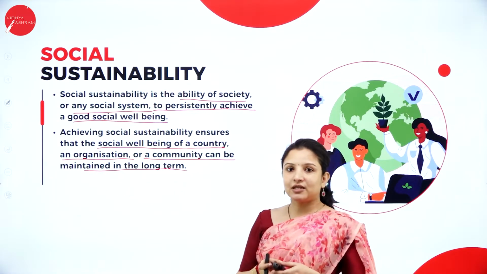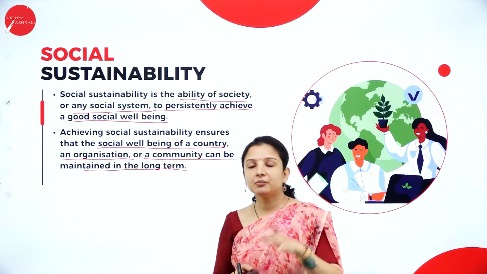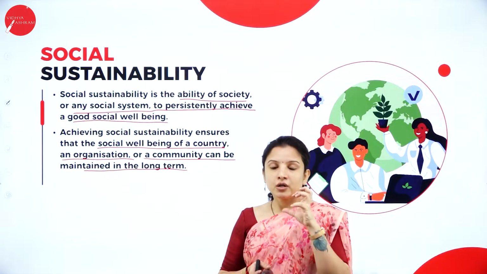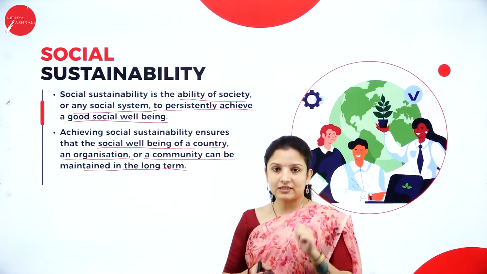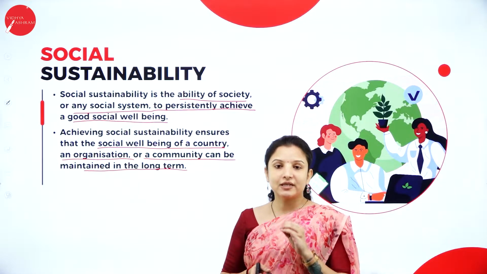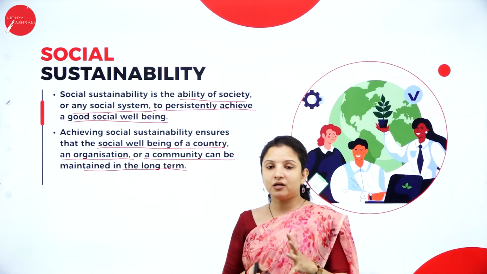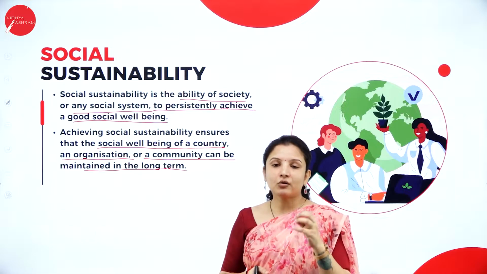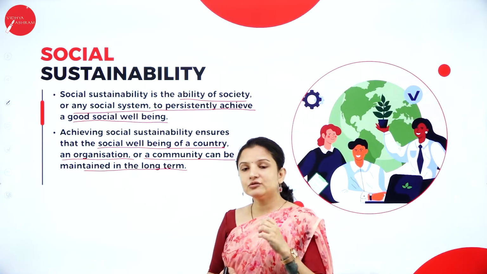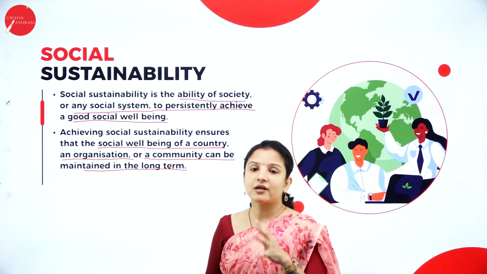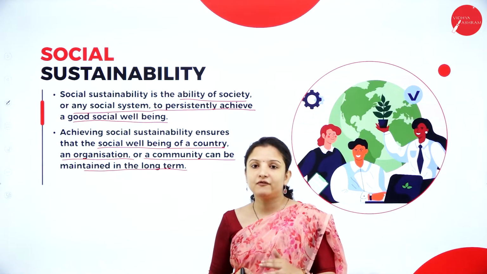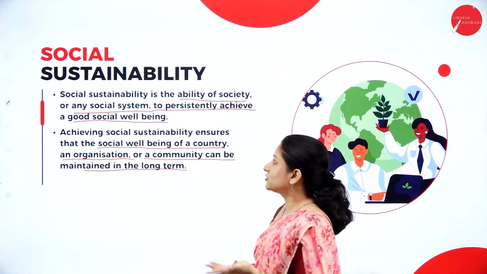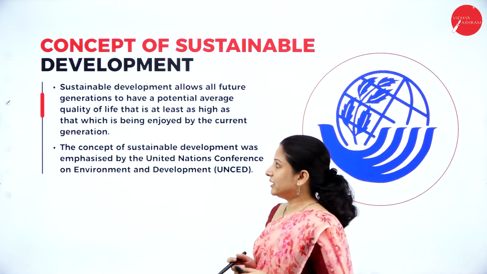It can be maintained by the people living in that society using the products and resources available in a sustainable manner, so that in the long term they can use those resources without any problem. Otherwise, continuous or improper usage can lead to the depletion of the resources, therefore breaking down the harmony in the society. So that is about social sustainability.